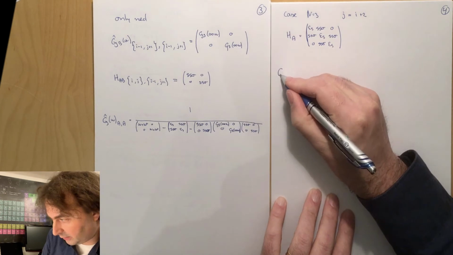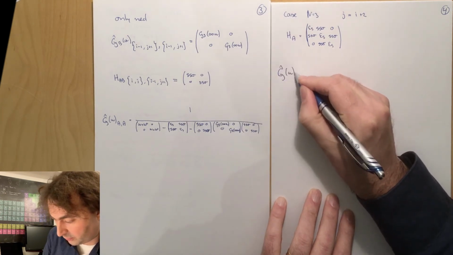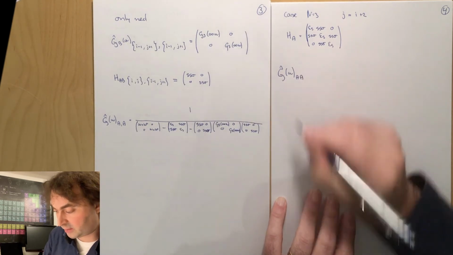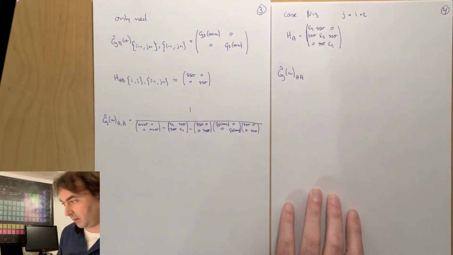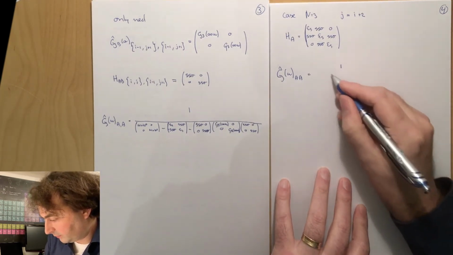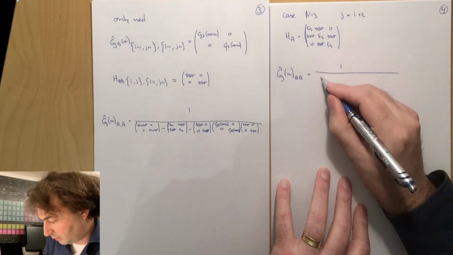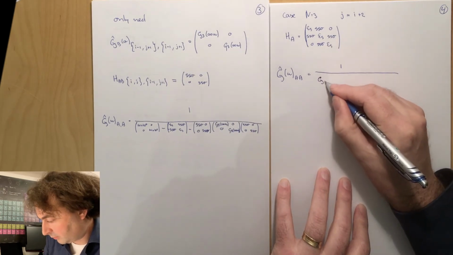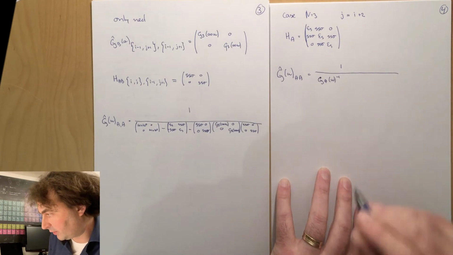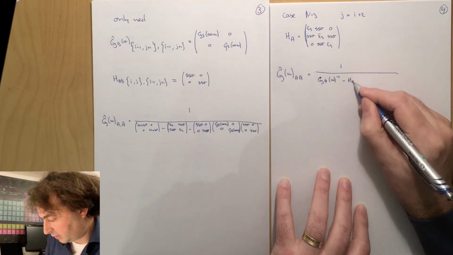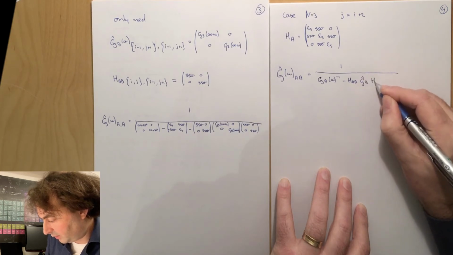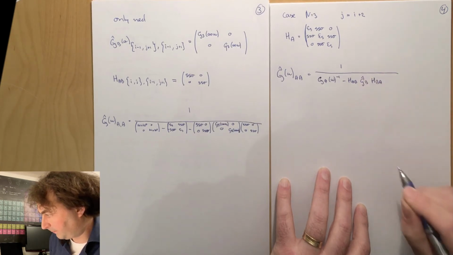Now what we want to calculate is the Green's function of the full system, or the Green's operator for the full system, restricted to the subsystem A. And that is just 1 over the Green's function of subsystem A inverted minus H_AB, the Green's function of subsystem B, H_BA.